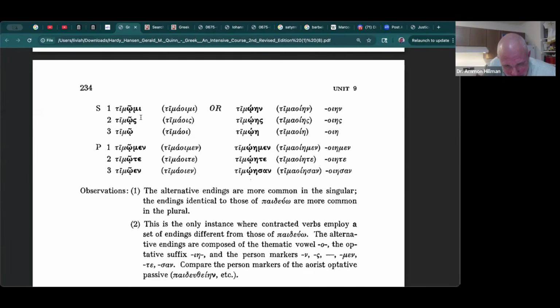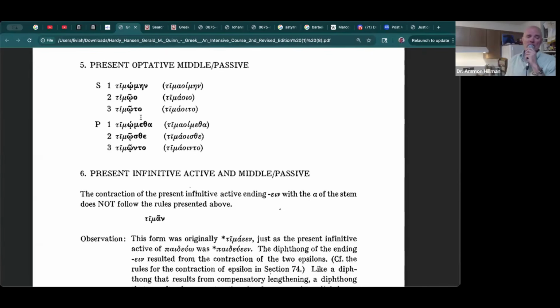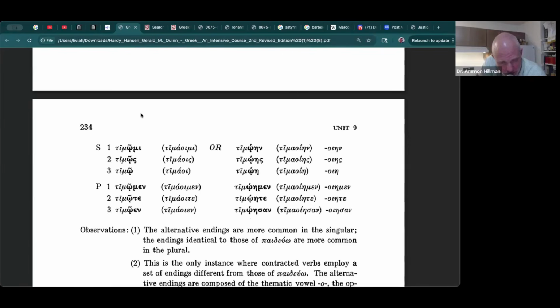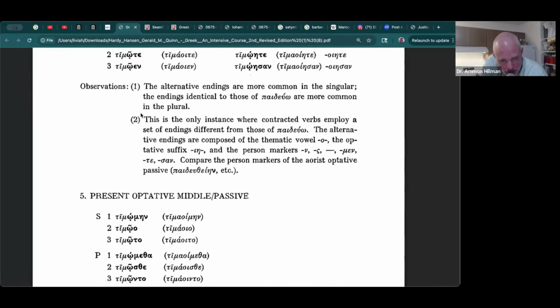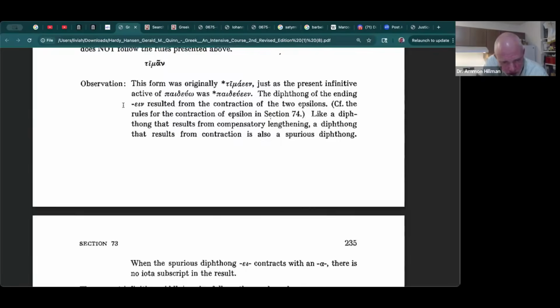I think you're gonna have to be turning back and forward, looking at charts. 1.5 million different unique word forms, right? Everything giving a slightly different nuance. Oh, it's wonderful. Present optative, middle passive.